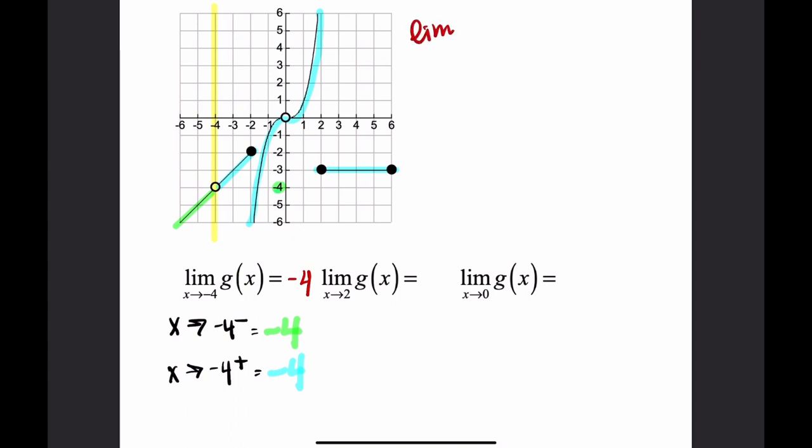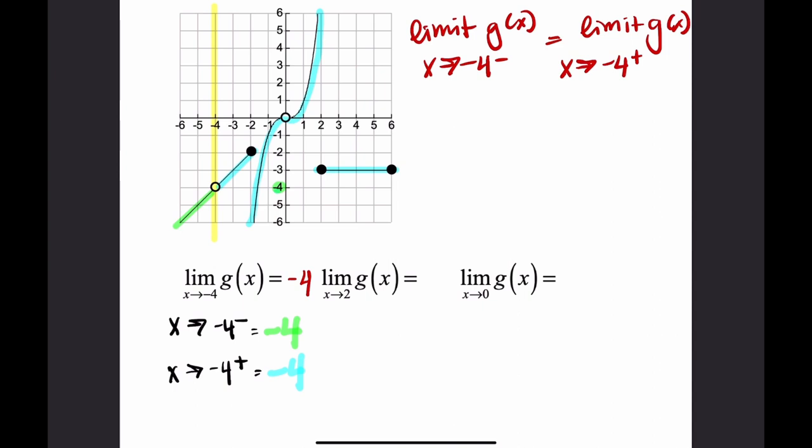And always I write my justification. And I know that the left side does match the right side. So there is my justification at the top. Okay. Now let's go ahead and move on to our next example.